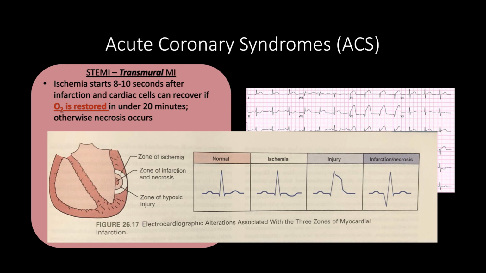And then ischemia, if you look at the zones over here, where you've got ischemia, you're just showing the inverted T wave. And then when we get to injury, so you've got hypoxic injury, leading to necrosis, you have that ST elevation. And then once the tissue's dead and gone and irrecoverable, you end up with a wave that looks like that.